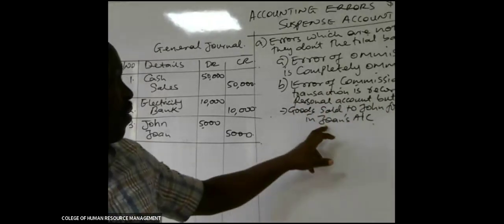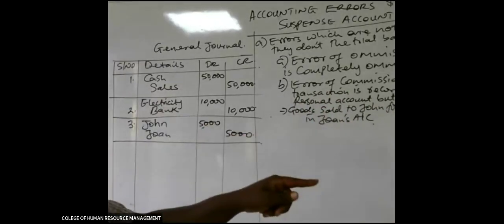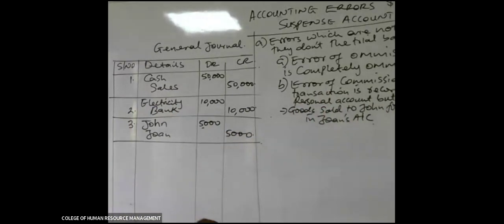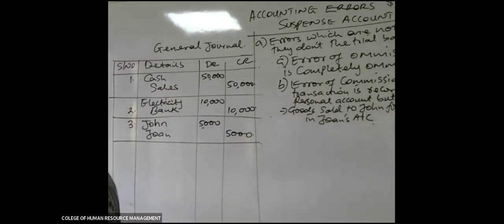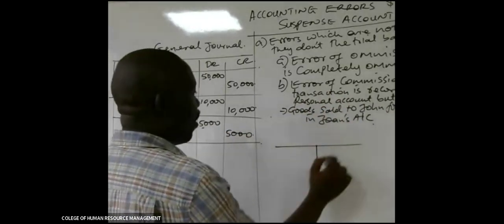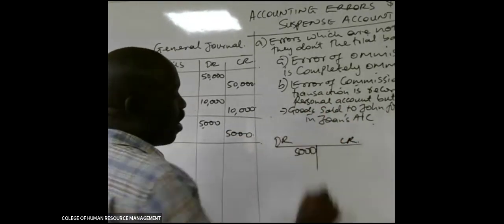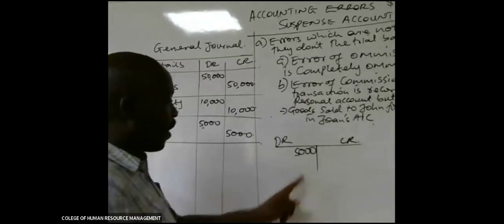You have removed this 5,000 from Joanne. Initially, she was debited. Now you have credited. When it was a debit, we did plus 5,000. Now we have credited, we have done minus 5,000. So the account of Joanne will not have any amount. It has got 0 balance. You had debited 5,000 for an asset, that is plus 5,000.